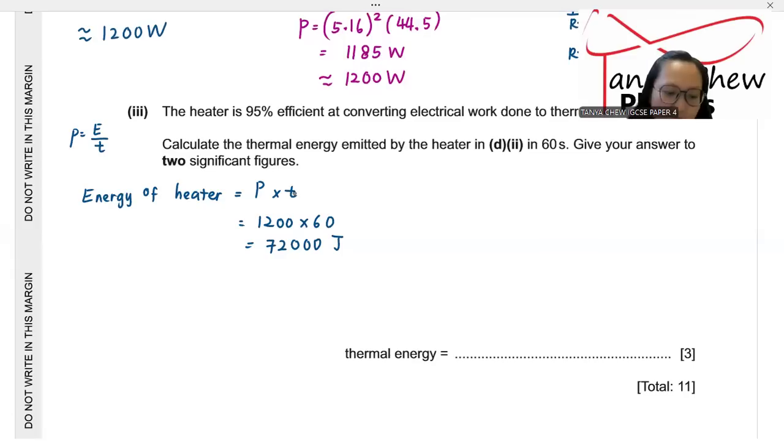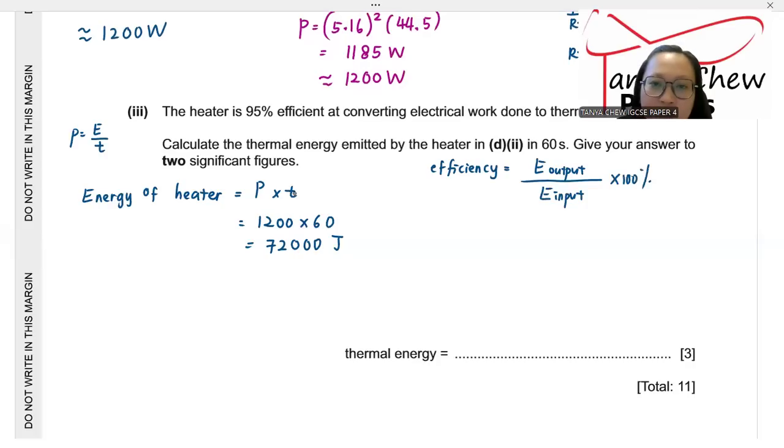Since I got that, I know that efficiency is calculated from useful output energy per input energy times 100%. So 95% is the efficiency. I need the thermal energy emitted from the heater. That is the output energy.